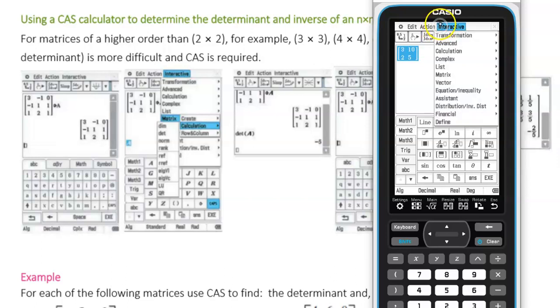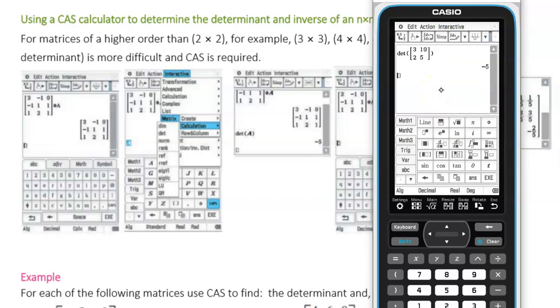If we go enter the matrix, highlight the matrix, go interactive, then we're going to go matrix, and then calculation, and then determinant. So that tells me the determinant of that matrix is -5.